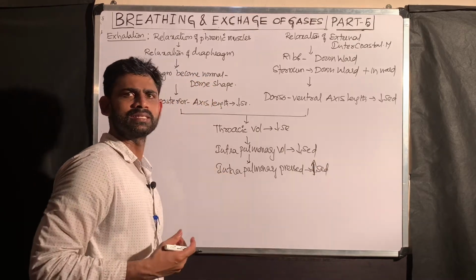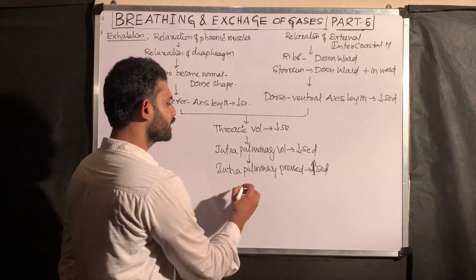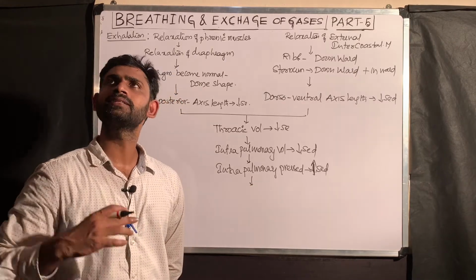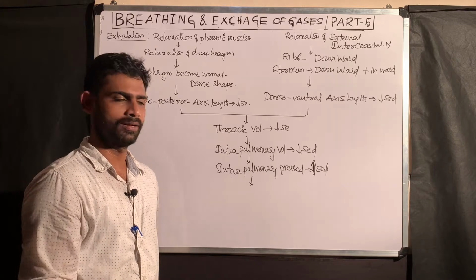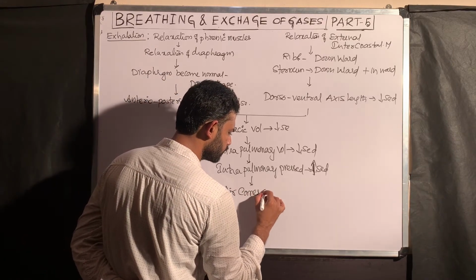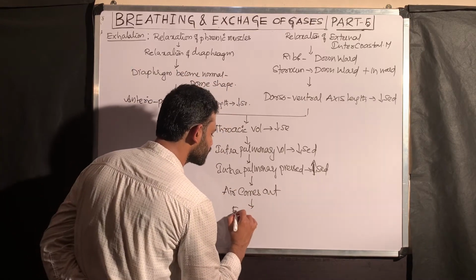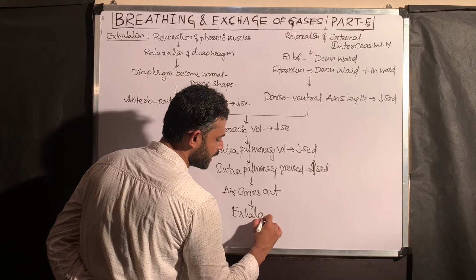That means it is now greater than the atmosphere. Automatically the air present in the lungs is forced out from the lungs. Air comes out of the lungs. That process is called exhalation.